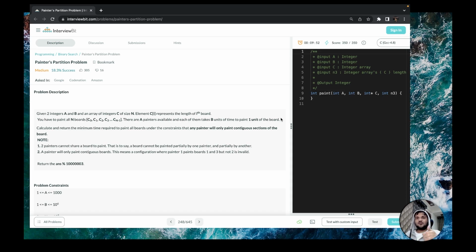For example, if the value of b is 3, then all the a painters, let's say you have 10 painters, every painter is going to take 3 units of time to paint 1 unit of board.